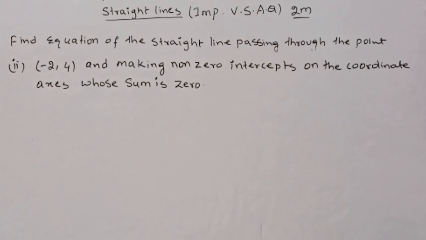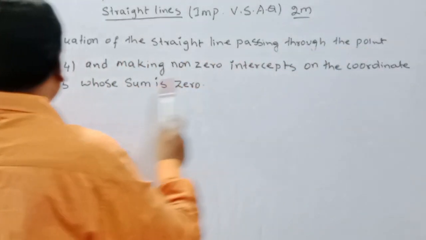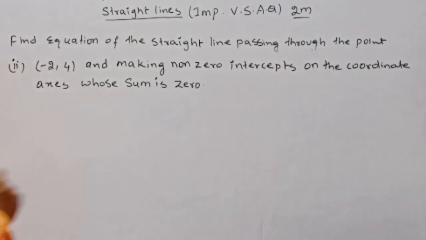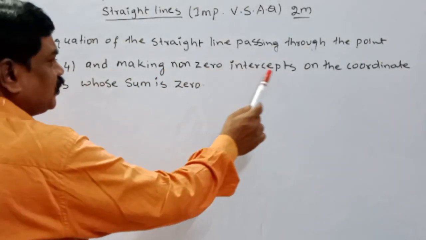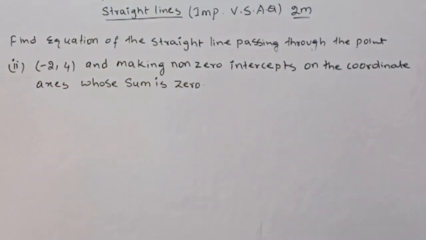Here, 13th second problem. Find the equation of the straight line passing through the point minus 2, 4 and making non-zero intercepts on the coordinate axis whose sum is 0.